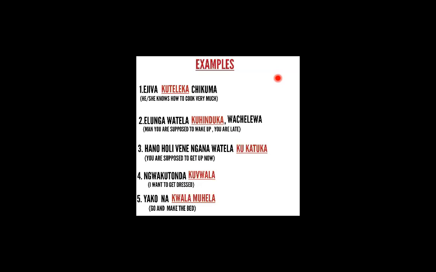So example number 2 says elunga watela kuhinduka wachelewa. Okay, so this is a person now telling a friend or brother to wake up because they are late. So this person has overslept.